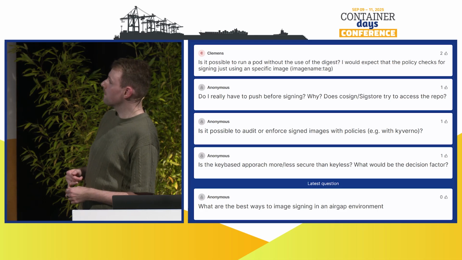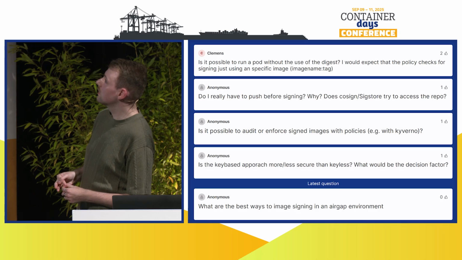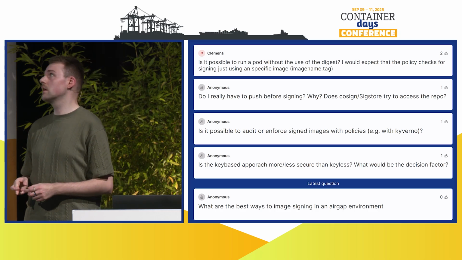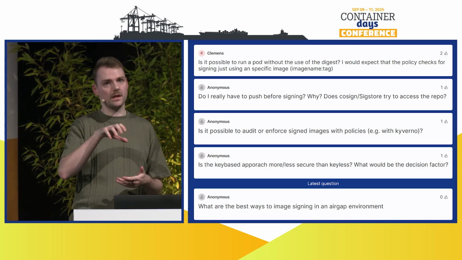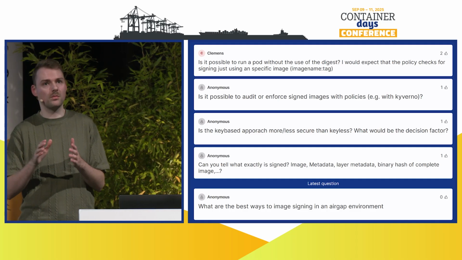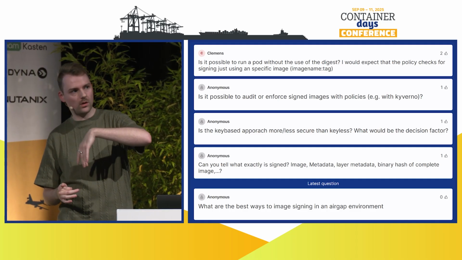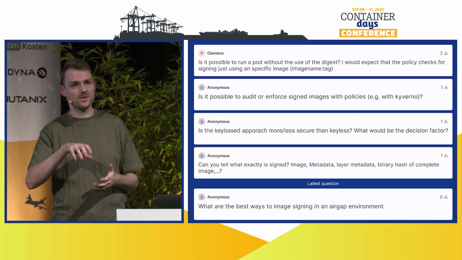Is it possible to run a pod without the use of the digest? I would expect that the policy checks for signing just using a specific image. Yes, of course you can. Just use a tag, and then in the background, if you check an image manifest of a running pod, you will always see in the image section maybe the tag, and then at some point down below, I guess it's somewhere in the status, you will see that it points to a specific digest.